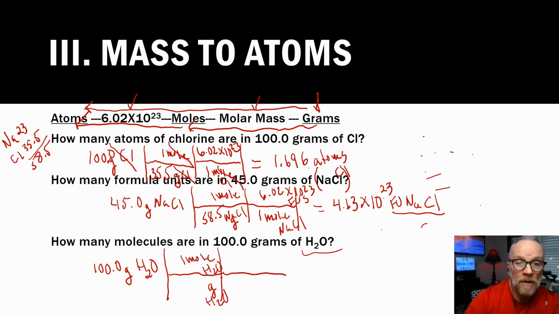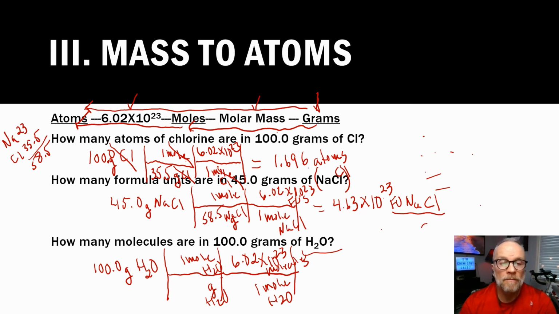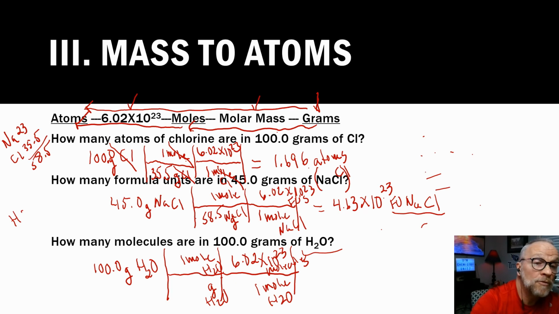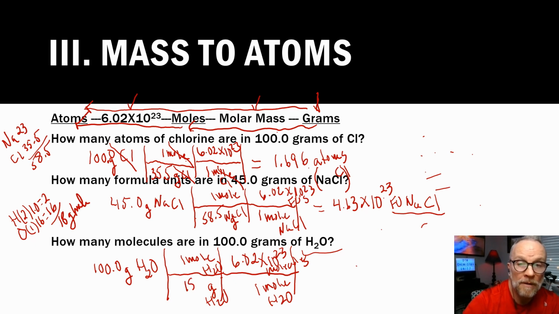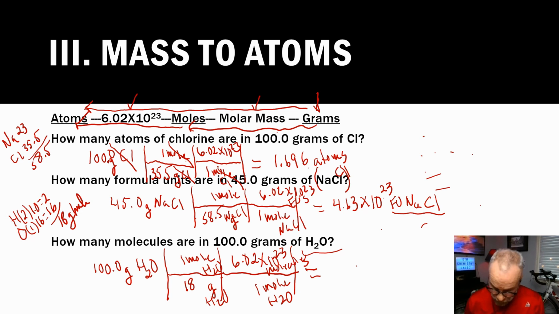And for every 1 mole of H2O, we have 6.02 times 10 to the 23rd molecules of water. Okay, so water's weight is 2 times 1 would give us 2, and oxygen has a molar mass of 16. So you have 18 grams per mole there. Okay, so 18 would go on the bottom. And let's work that one out as well.